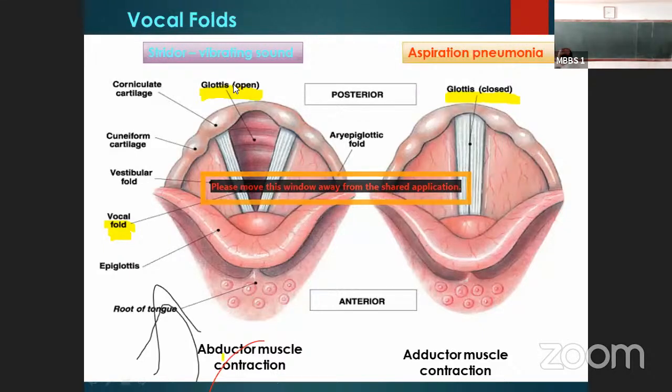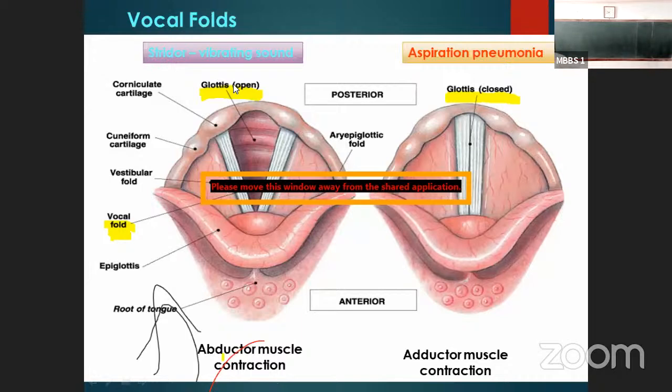Then, if there is a problem concerned with the glottis, a problem concerned with the adductor muscles. Adductor muscles are mainly concerned with the closure of the glottis. Then what will happen? Their main role is to prevent the entry of food particles or water into the trachea.